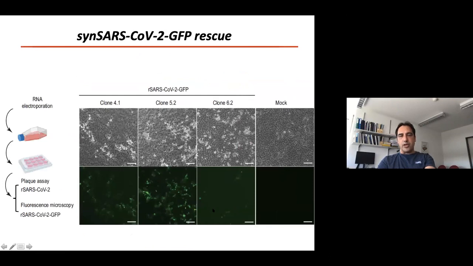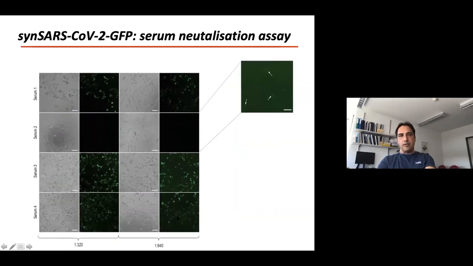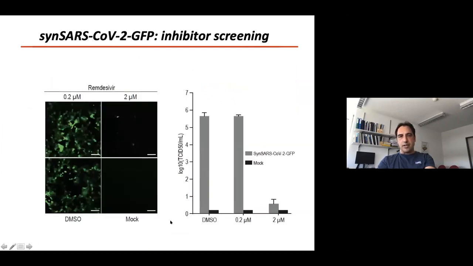We also rescued a GFP virus. And this is useful, for instance, for a virus neutralization assay, as is shown here, but also as it's now been used in a couple of labs to start with high throughput screening for inhibitors.